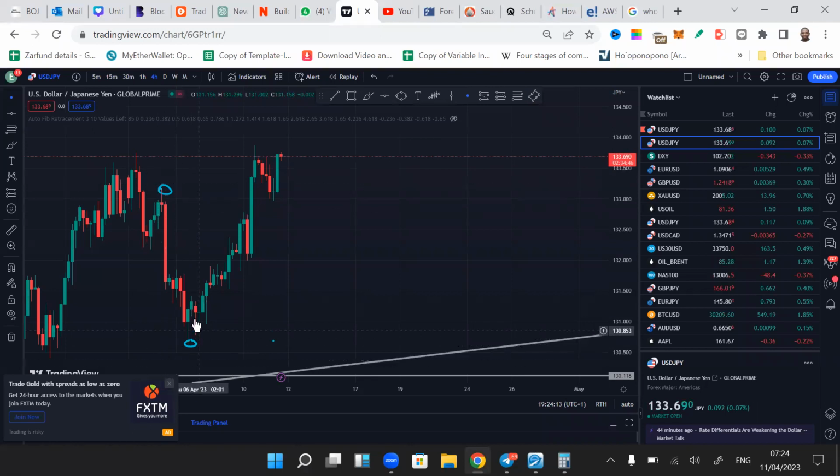You will draw your Fibonacci from top to bottom. I'm repeating this so that for those who don't understand exactly how this tool is used, you can understand it better, right? One minute, guys.